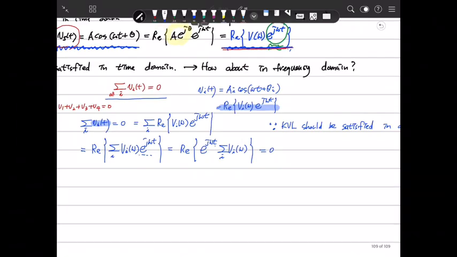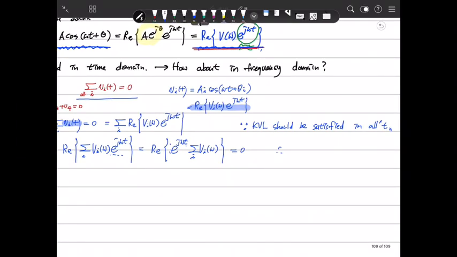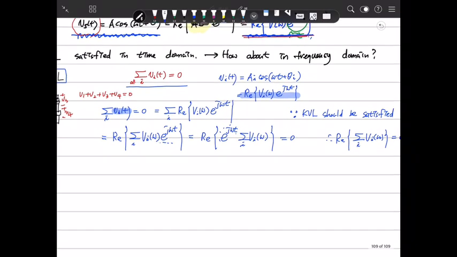Therefore, except for this term, the real part of the sum of Vi e^{jωt} should be 0, because you don't care about the time. For example, let t be 0. Then this term is 1, so the sum of Vi should be 0.